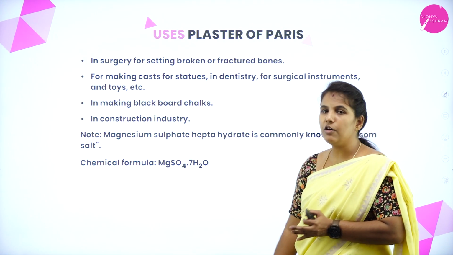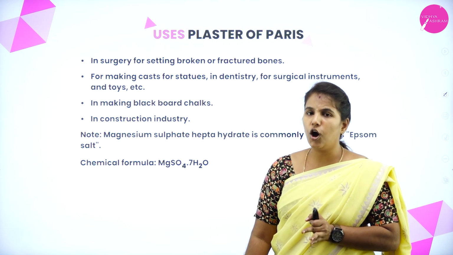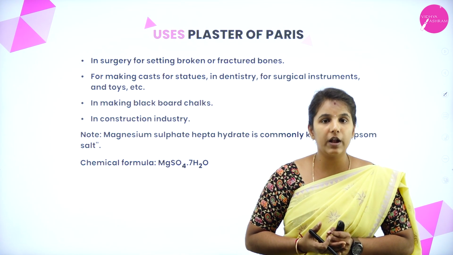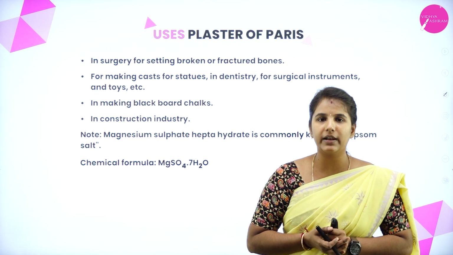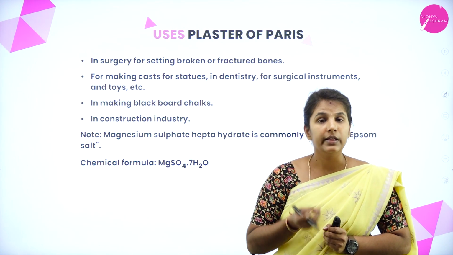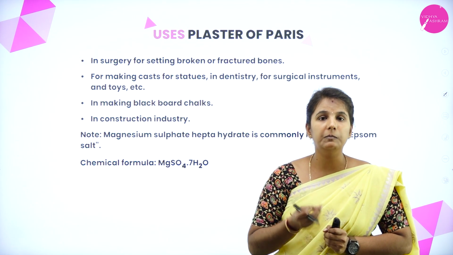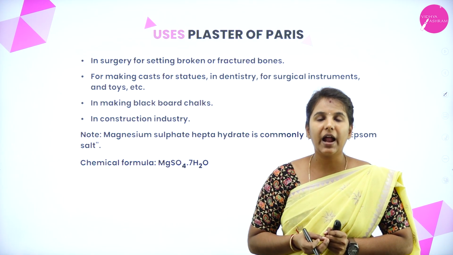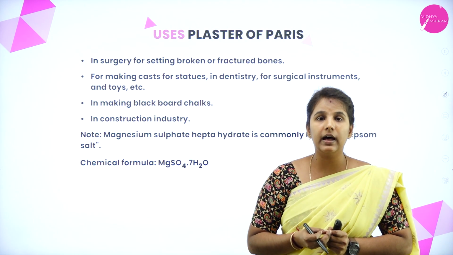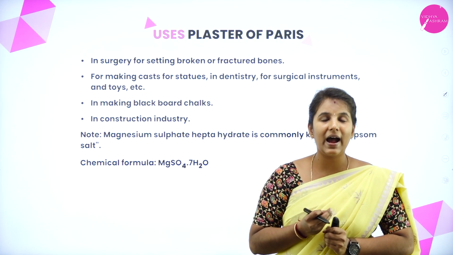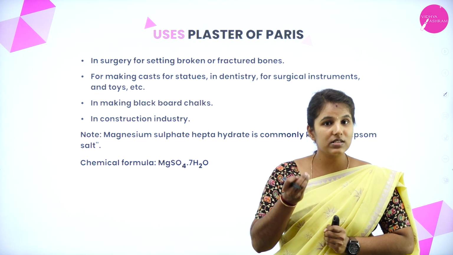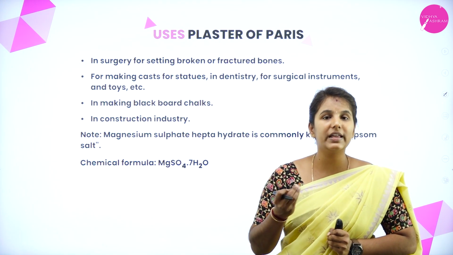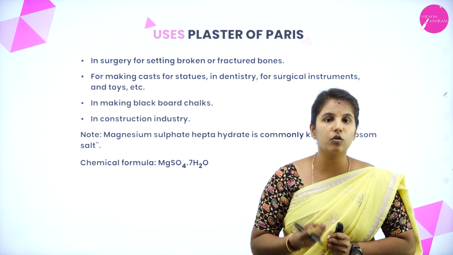Next is uses of plaster of Paris. All of you know about plaster of Paris, especially for the making of Ganapati idols; they use plaster of Paris. Not only for making the Ganapati, but especially for making household items, they use plaster of Paris. And also, to make the binding for broken hands and legs, even nowadays they use plaster of Paris because it gives support to the broken bones.